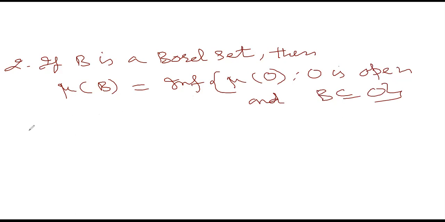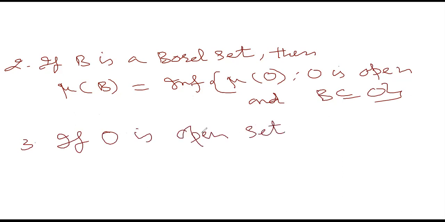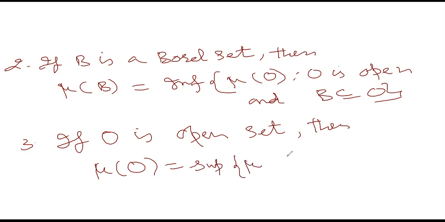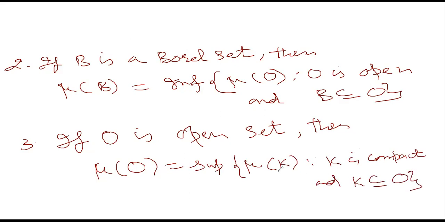And the third property: if O is an open set (every open set is a Borel set, in fact), then its measure is given by the supremum, not the infimum, the supremum of mu of K, where K is compact and K is a subset of O. That's the third property.